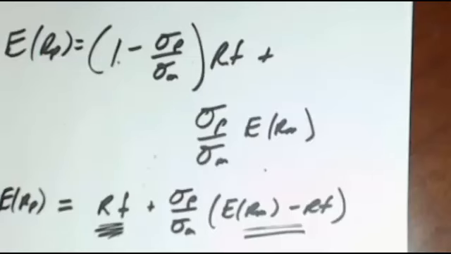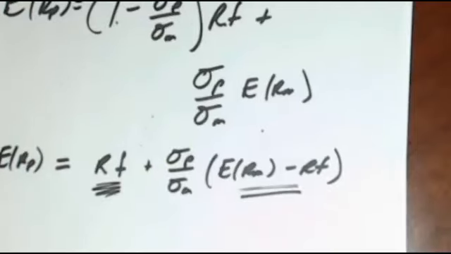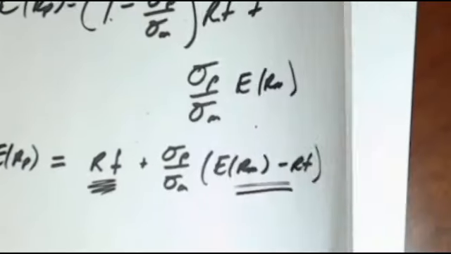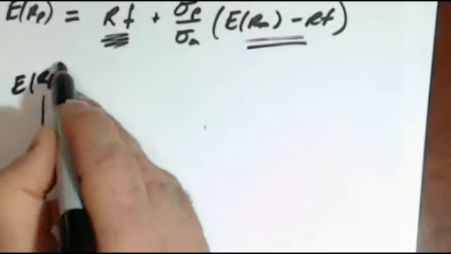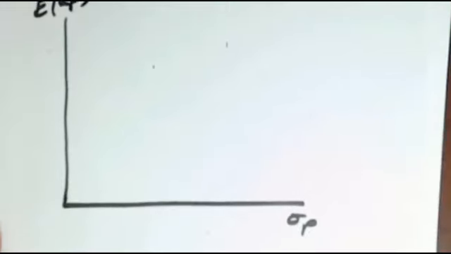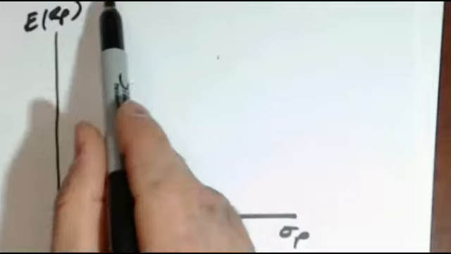Now, I can graph that. Let's see if I can graph this. Help you a little bit. So here's the risk and return plane, and we've got an equation for a line.